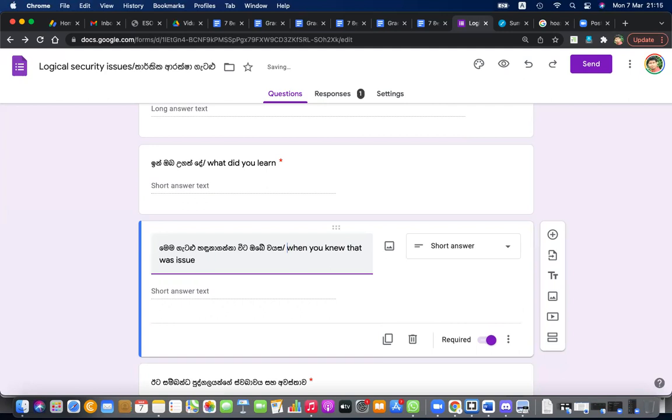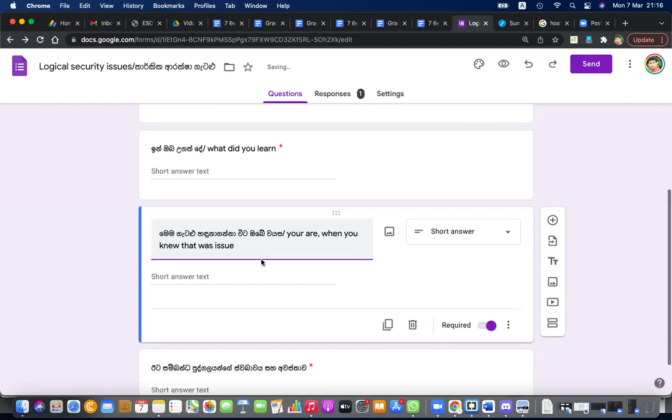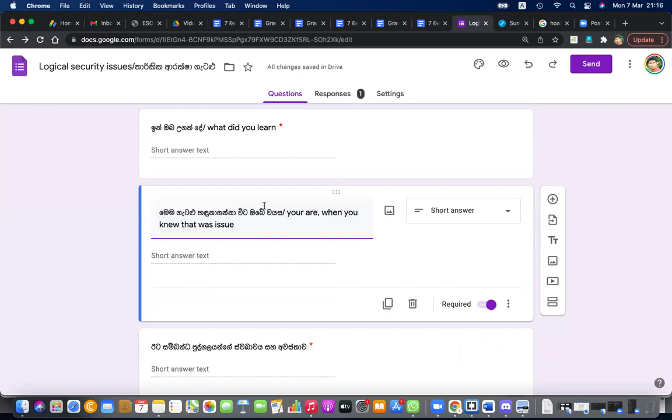At your age, when you knew that was the issue, because sometimes this has happened when you were, let's say, 12 or 10 years old, but you didn't know that was an issue. For example, a virus came to your mother's computer or your computer, you didn't know that was the issue. You thought that is something wrong.